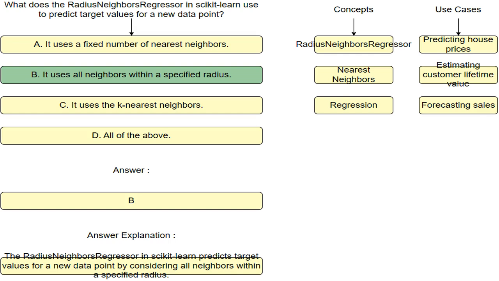This is useful for businesses who want to understand the profitability of their customers and optimize their marketing strategies. The radius neighbors regressor can be used to forecast sales by considering sales of nearby stores or regions within a specific radius. This is useful for businesses who want to understand the impact of local factors on sales and make informed decisions about inventory and staffing.